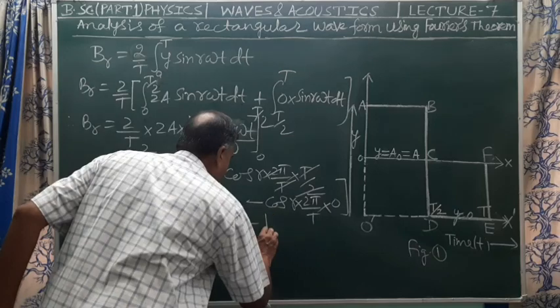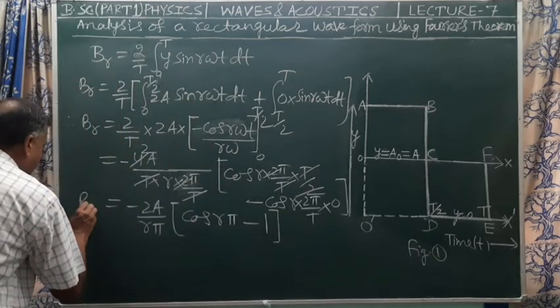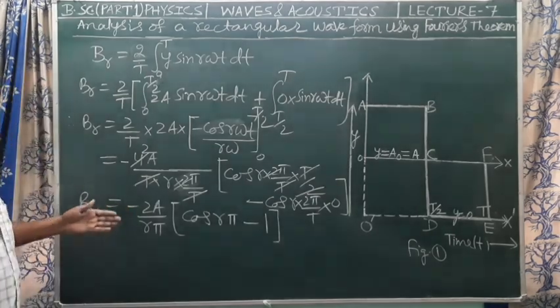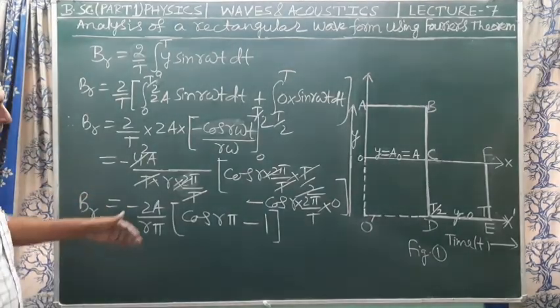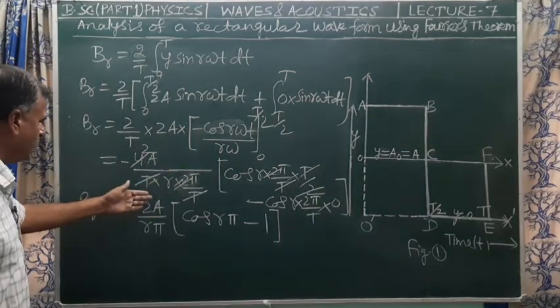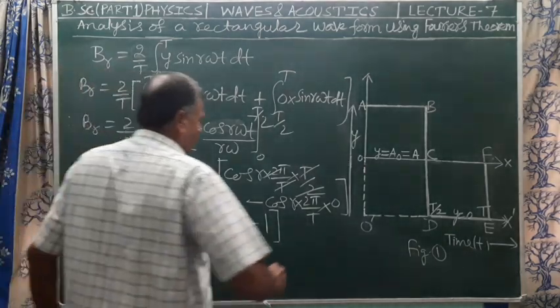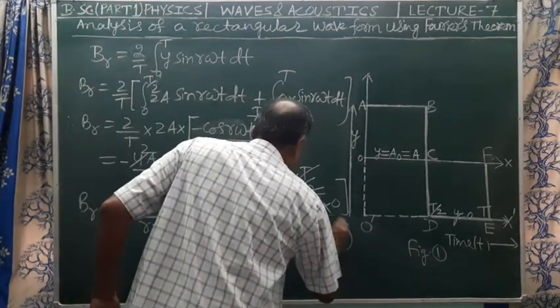So the second term inside the bracket is 1, and it is the value of Br which we have obtained for the given rectangular waveform, which is Br equals minus 2a upon r pi under bracket cos r pi minus 1, and suppose it is equation number 6.